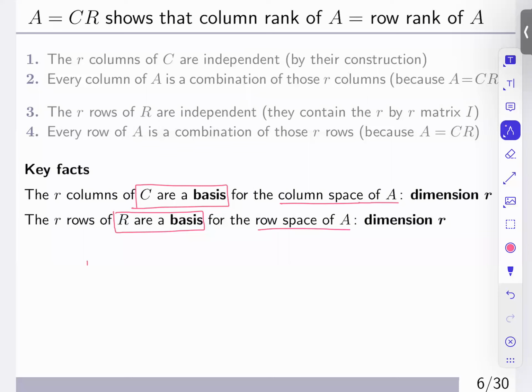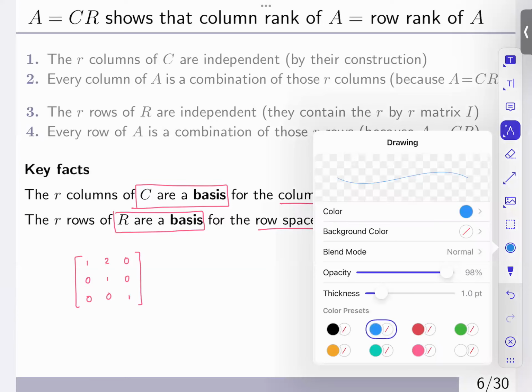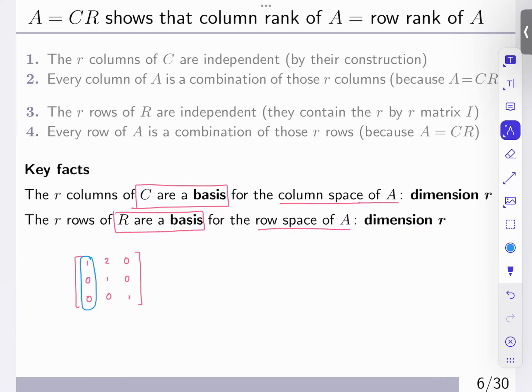So 1, 0, 0, 2, 1, 0, 0, 0, 1. If I look at this, this is the column space. So if I say this is my 1, 0, 0, this is the first basis vector of the column space.